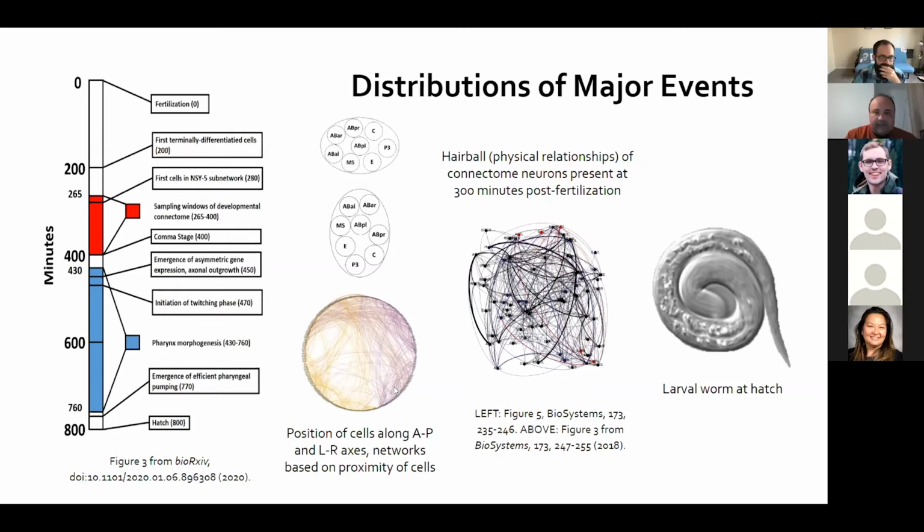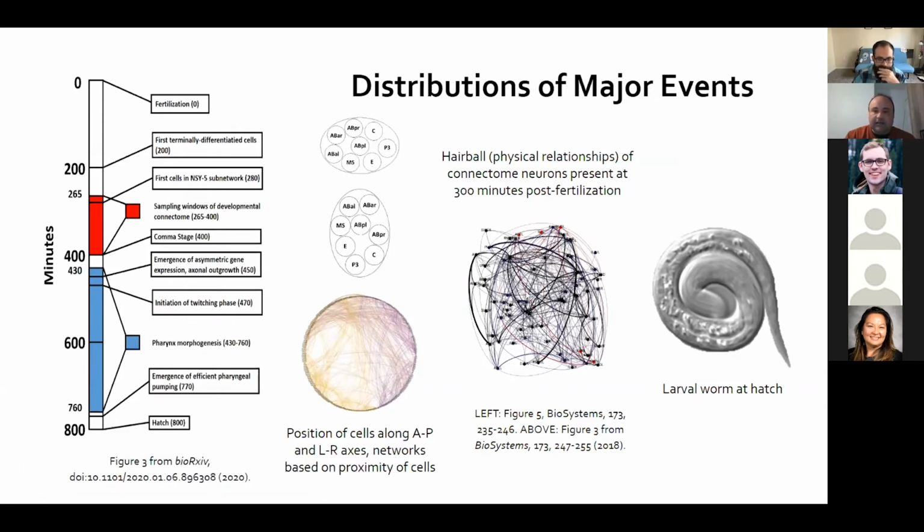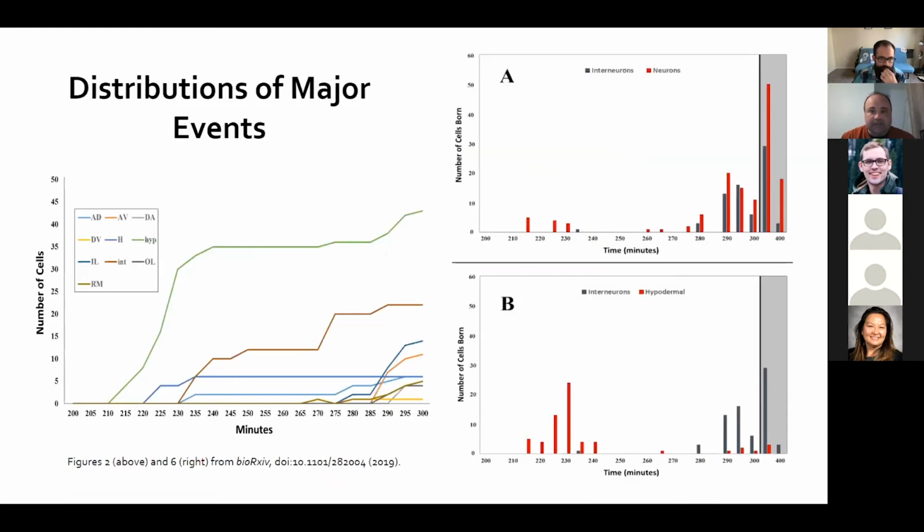And so we have these things that we can characterize. We can characterize cells in the embryo as they're differentiating and dividing. We can identify very early stages of the connectome. And so we have all of this information, and we've characterized it in a number of publications. So we can look at these distributions and major events.